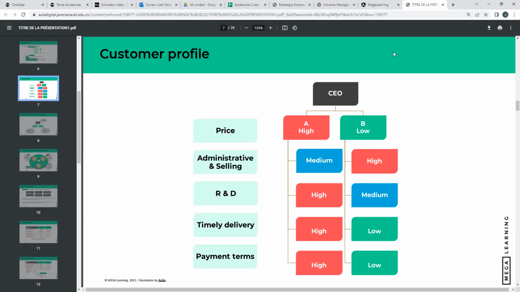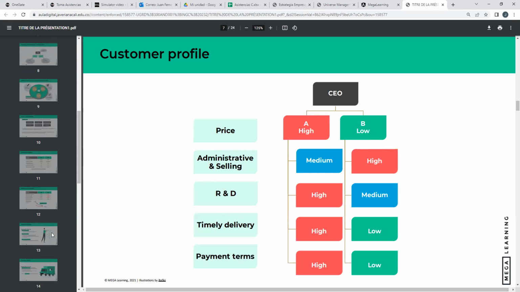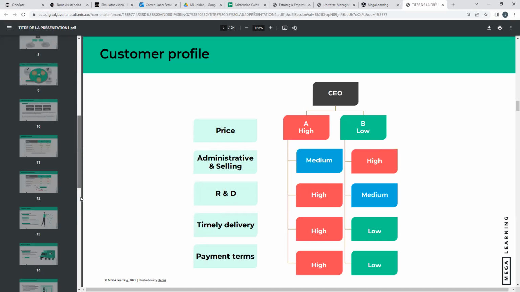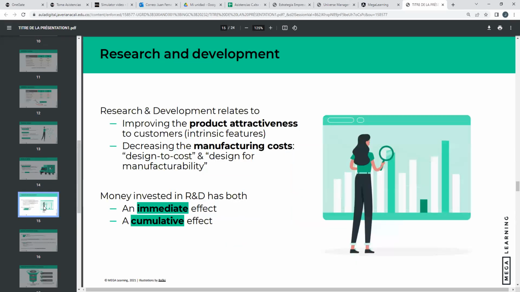However, there's a slide, slide number 15. Slide number 15 is telling you that R&D is not only important to make your product attractive for the consumer or the customer, but as well for manufacturing purposes, like trying to decrease the manufacturing costs.